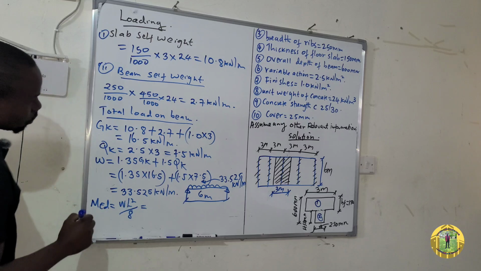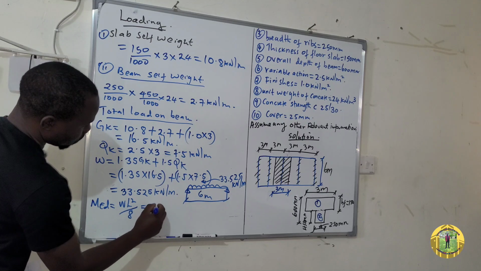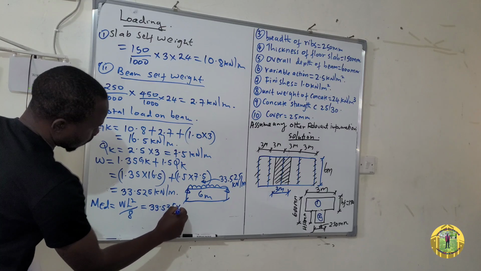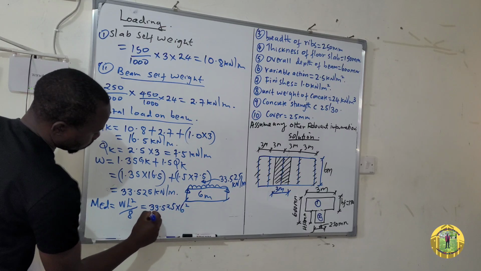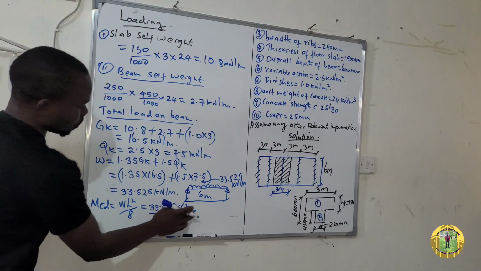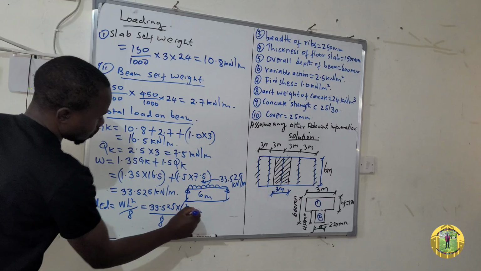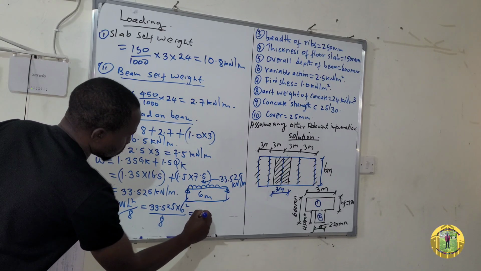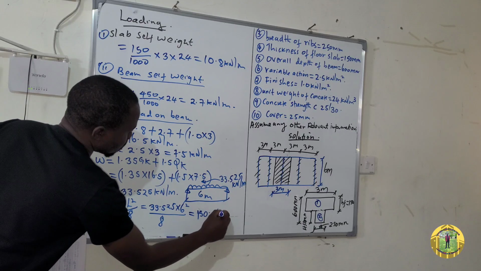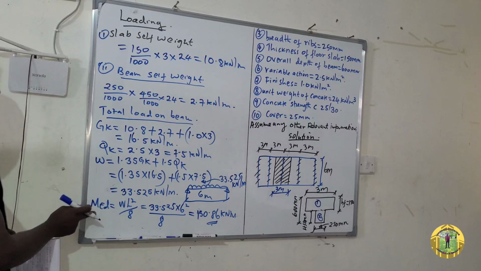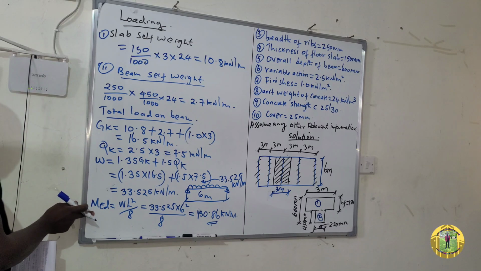So this one is equal to 33.525 times 6 square all over 8, which is 150.86 kilonewton meter.